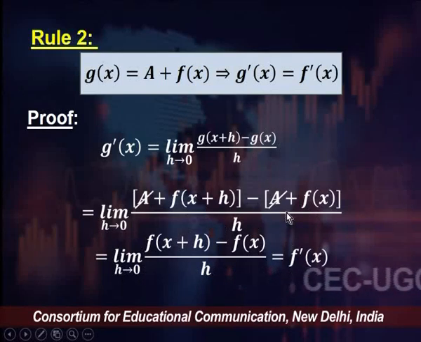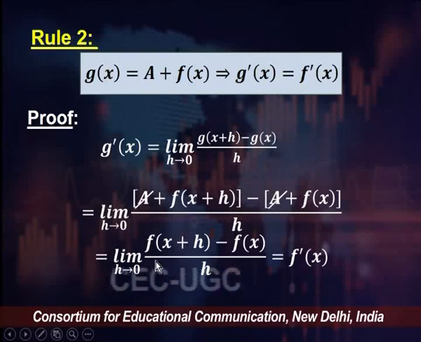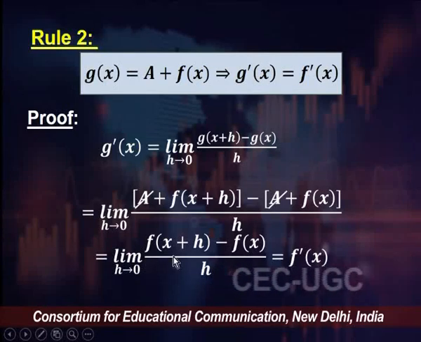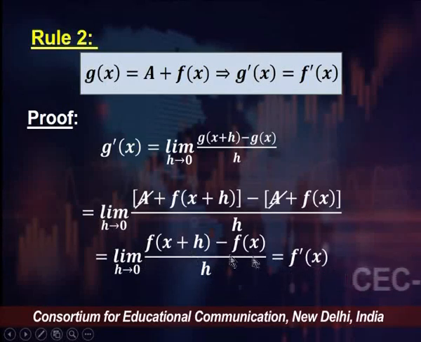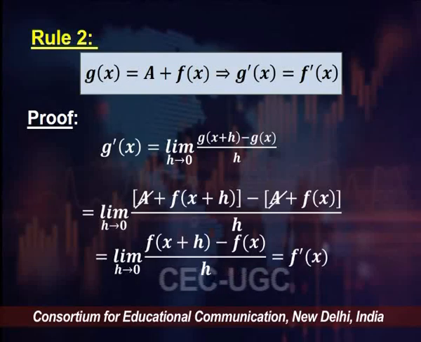So once you do the algebra, the a's cancel out, and you are left with nothing but the formula for f prime of x, which is the limit of f of x plus h minus f of x divided by h as h tends to 0. So clearly you can see that the additive constant has no role to play. The additive constant just disappears with differentiation, and the derivative of the function g is the same as the derivative of the function f.